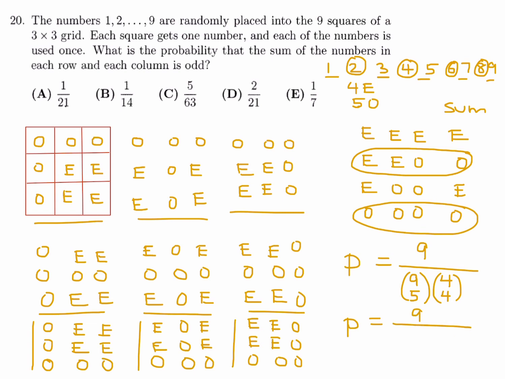So 9 choose 5 is 9 factorial over 4 factorial over 5 factorial, which is 126. And there you go. That's the answer. And of course, they're going to lower it to lowest terms, which would be 1 over 14. So number 20, the answer is B.